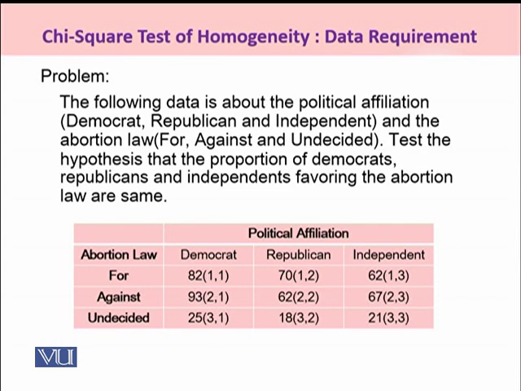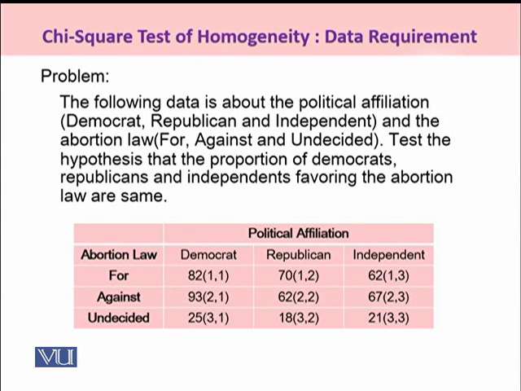Now if you look at the columns, three types of categories are mentioned: the Democrat, the Republican and Independent. Whereas if you look into the rows, under the abortion law, there are three categories mentioned: for, against and undecided. Now students, the proportion for each one of them is shown in this contingency table.